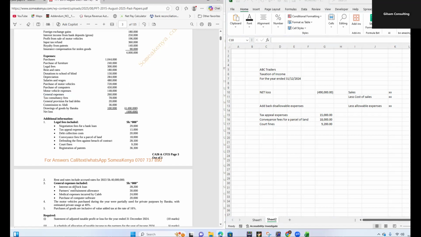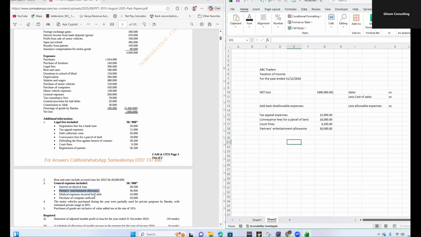Whether it is a Shylock or any other loan, so long as you are financing the business, that one is allowable. Partners' entertainment allowance: this is for partners, not business entertainment allowance. This is for partners' expenses, which we disallow. That is 30,000.